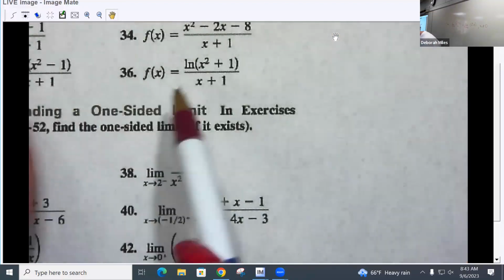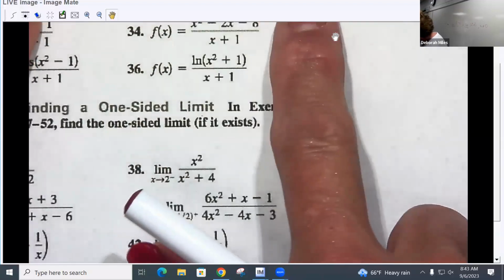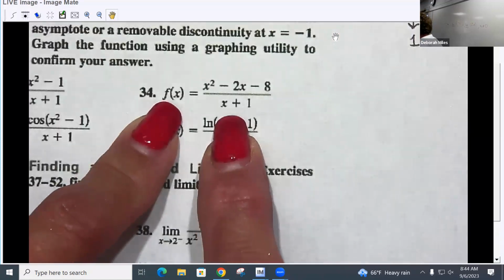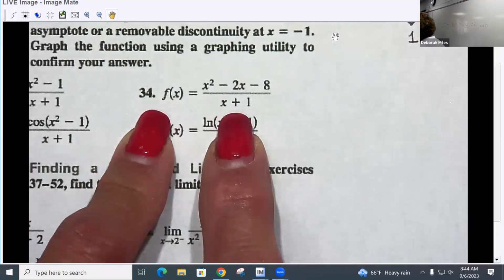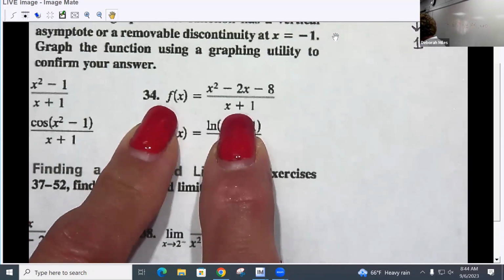Numbers 33 to 36 say determine whether the graph has a vertical asymptote or a removable discontinuity at -1. What do you think about number 34? What are you saying, Isaiah?